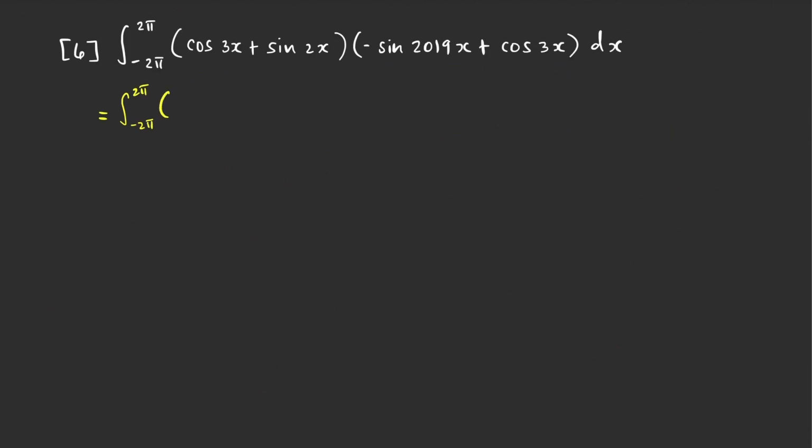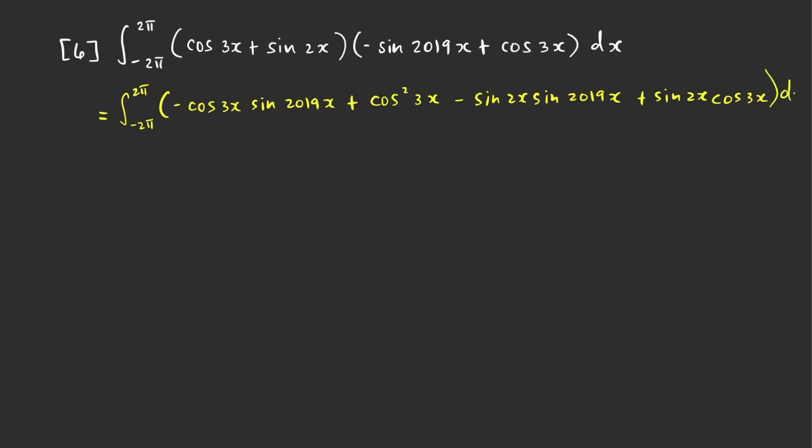Using the FOIL method, we get negative cosine 3x sine of 2019x, and then cosine 3x times cosine 3x, so that is cosine squared of 3x. Then we have minus sine 2x sine of 2019x, and then plus sine 2x cosine of 3x, and then dx.